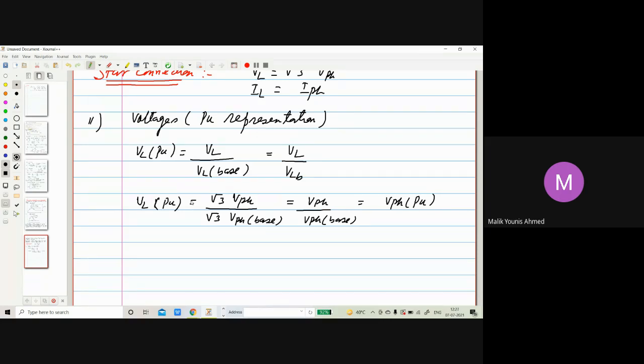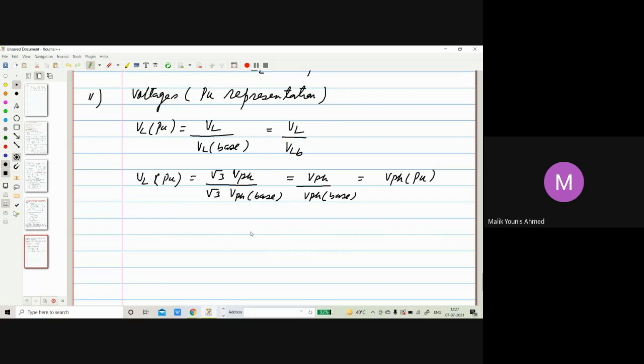So per unit system in these three phase connections will modify the absolute representation either by removing the 3 or root 3. This is a drawback in this system. So root 3 or 3 will be removed in the three phase representation.